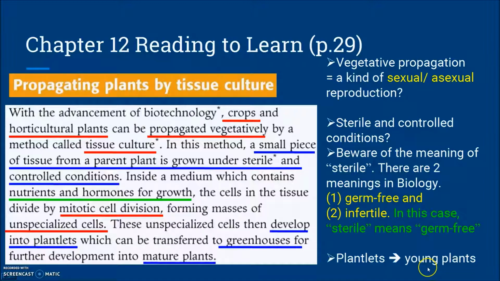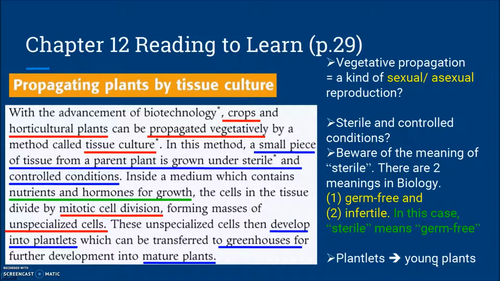That means the young plant, and the young plant can be transferred to the greenhouses for further development. Why do we need to supply hormones? Because the hormones can stimulate the cells to change from unspecialized to specialized, and then they can keep developing and become a mature plant.